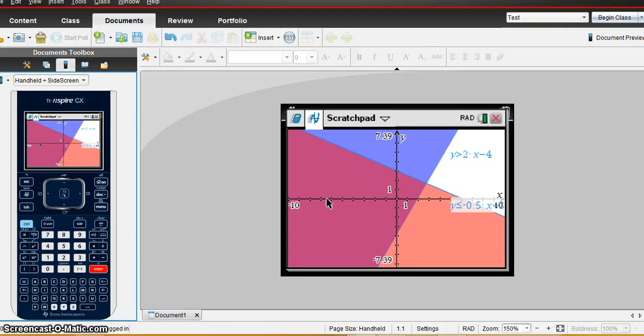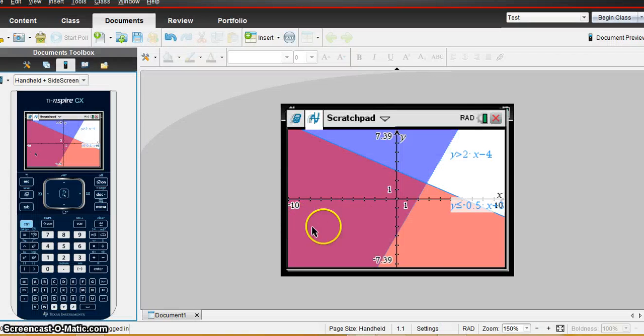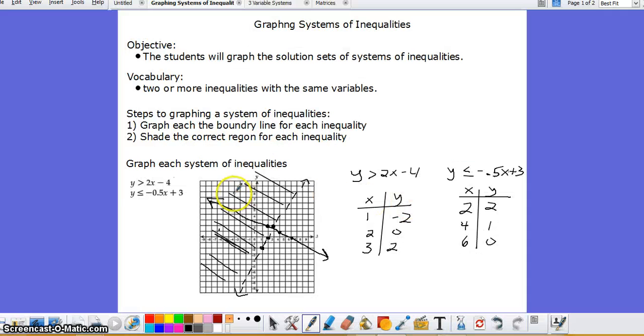So for this one, the shading is over here, and for this one, the shading is over here. So where are our solutions? Our solutions are right in this overlapping area. This overlapping region right here is the solution to that system.